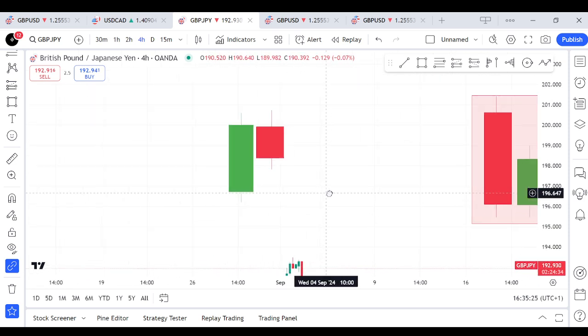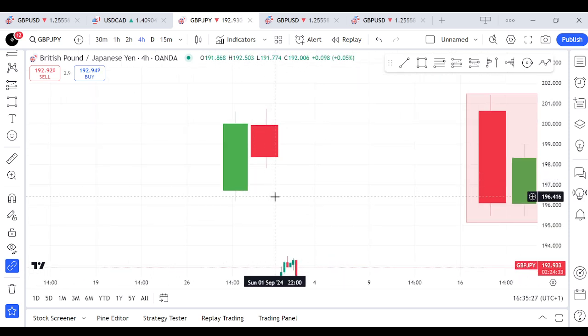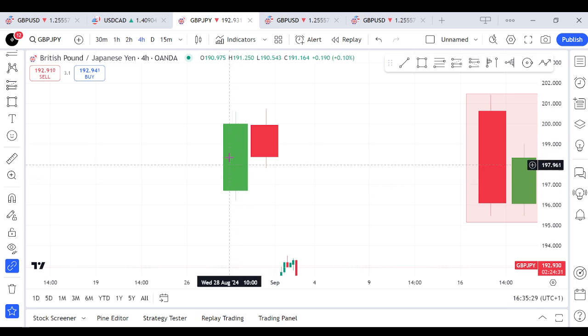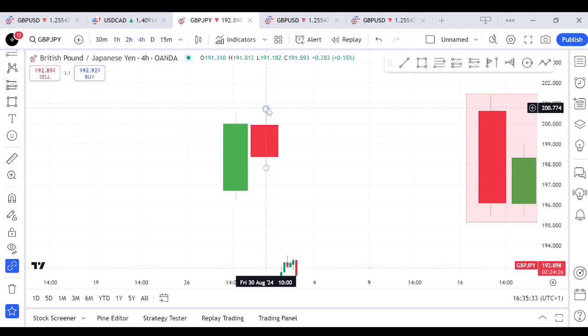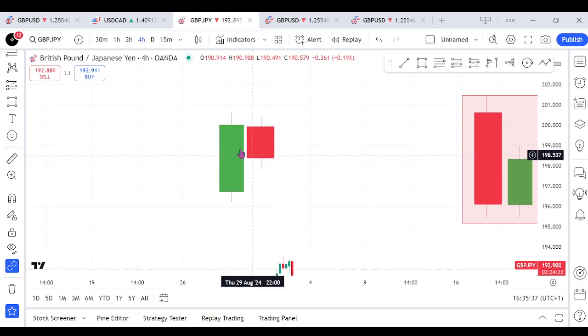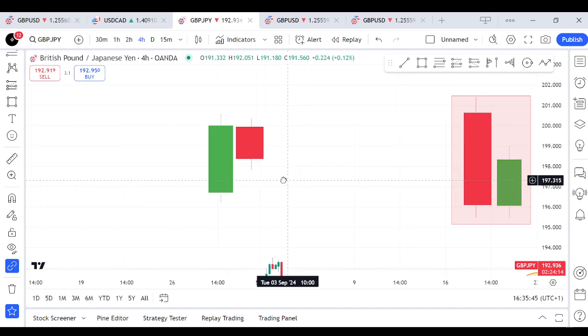And for the bearish pattern, it forms during uptrends, showing a large bullish candle followed by a small bearish candle contained within the first candle's body, which is the bullish candle in this case. And this pattern often indicates that buyers are losing steam in the market.